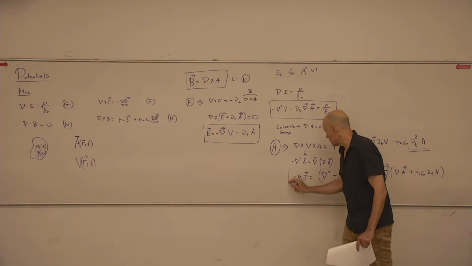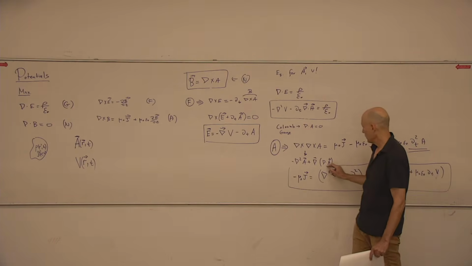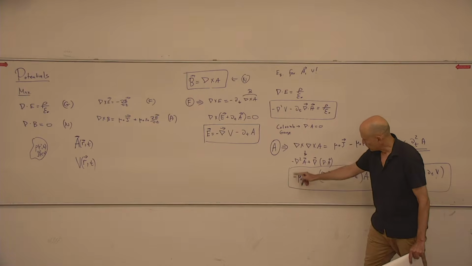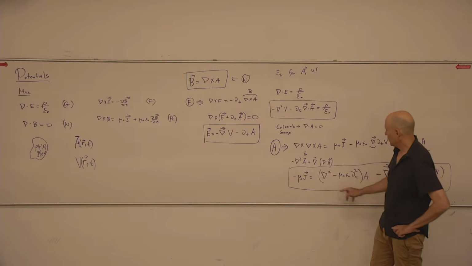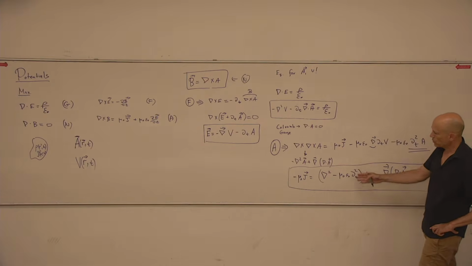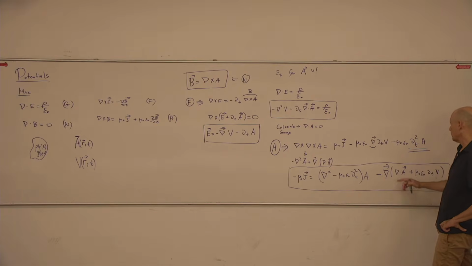Now, let us look at this equation. So this is the source, the current. This one I call the nice one. This is the wave equation. And this I call the ugly one.